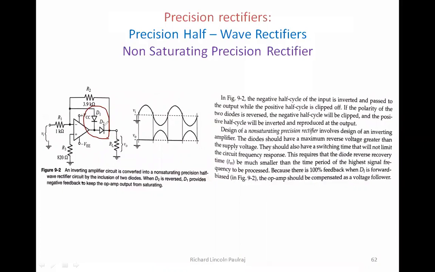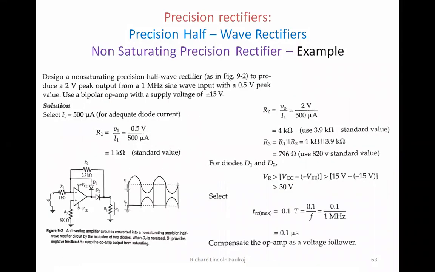So you can see that because of this forward bias condition, you can have a negative feedback connection. The op-amp should be compensated as a voltage follower. Why is it a voltage follower? Because whatever is at the input, the same thing appears at your output.